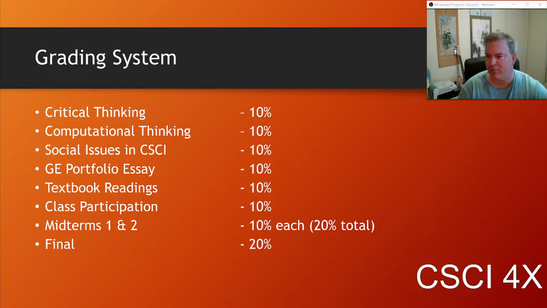Basically, the portfolio essay is going to be on any social issue in computer science you want to talk about. Basically, any topic we talk about in class. So as the class goes on, if I talk about something that sparks your interest, like the impact of social media on politics, or how news organizations can frame narratives in different ways, and you're like, oh man, that's really interesting, then write your essay on that.